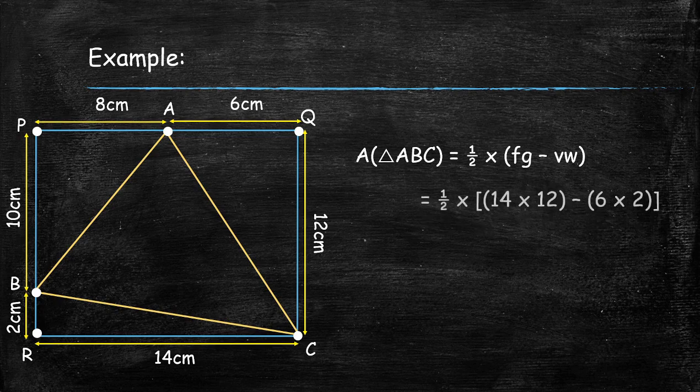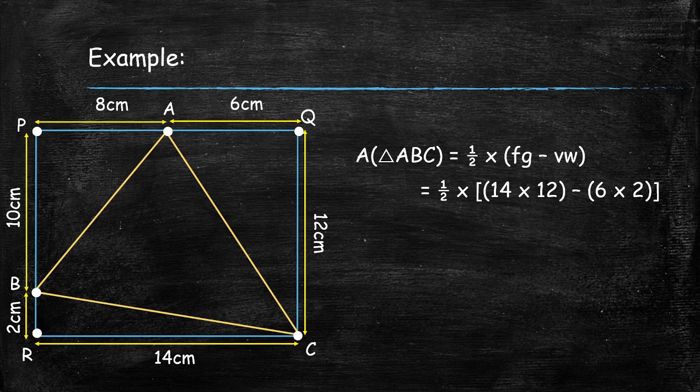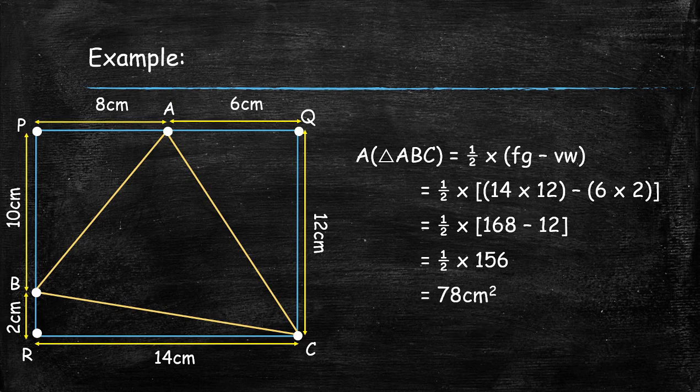So area of triangle ABC is half into (14 into 12 minus 6 into 2). This is half into (168 minus 12), which is half into 156. This is 78 centimeters square. That's such a simple way to find the area of a triangle. We just need to draw the rectangle in a perfect way, then you get the answer in one go.